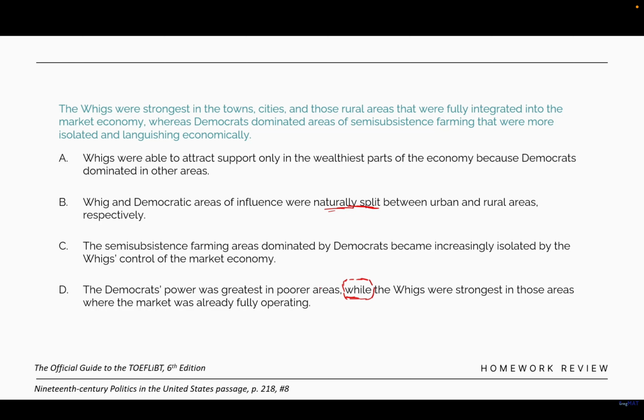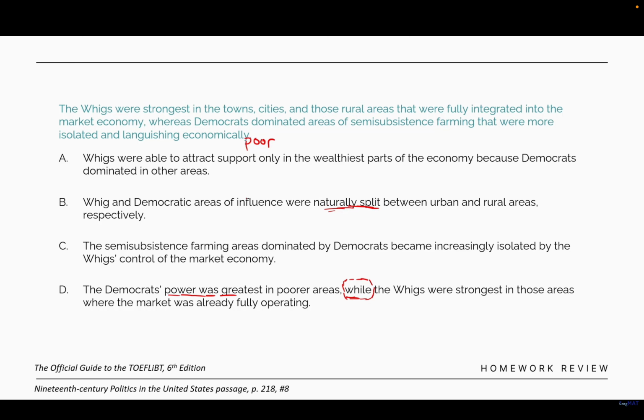The Democrats' power was greatest in poorer areas. Do we have evidence for that? Well, the isolated and languishing economy. Yeah, so that means poor, right? Do we have evidence that they had great power in these areas? Strongest and fully integrated into the market economy. No, remember, this is about the Democrats. You're reading something about the Whigs. We're talking about the Democrats.